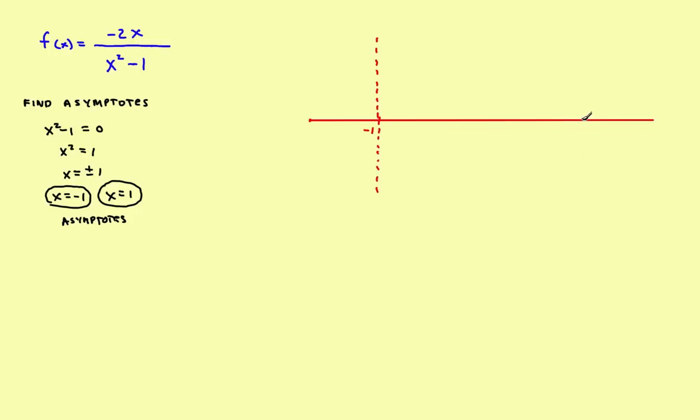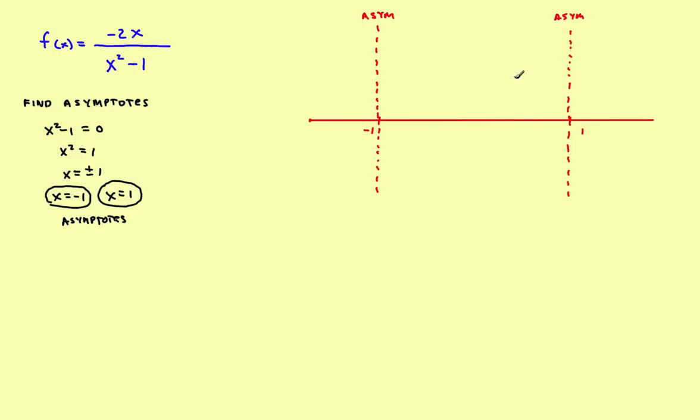Then I've got another asymptote at positive 1, so I'll put that over here. This is going to be a positive 1, and I'll put an asymptote right here. So I've got an asymptote that goes through there. So again, just a quick sketch of the graph. So what that is, this was an asymptote here, and you've got another asymptote over here.